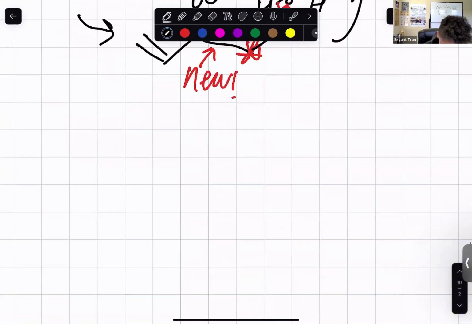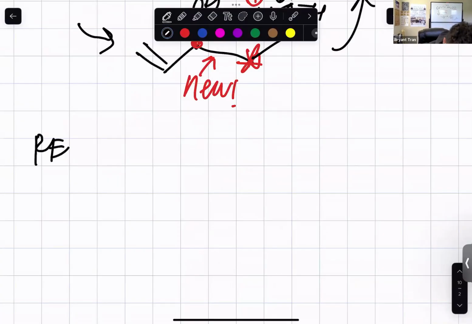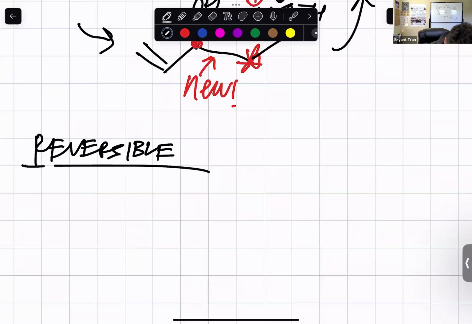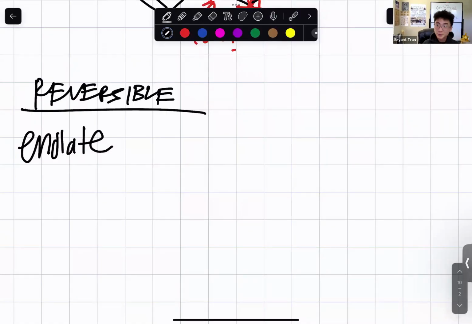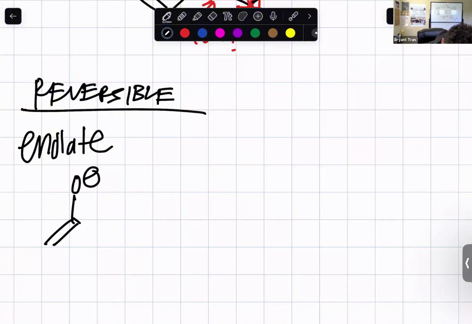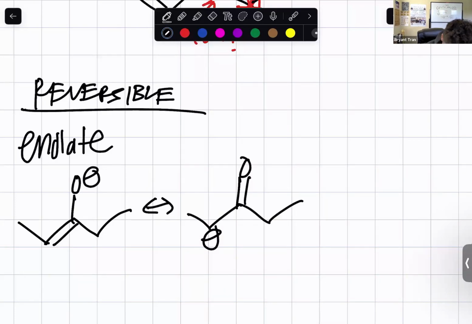But now, if we think about reversible nucleophiles, the most common one that you're going to see in this unit is going to be the enolate ion, which is the same nucleophile as what we did for aldol condensation. So it's going to be either in this form, which is the same thing as this form right here. They're just resonance structures of each other, but the nucleophile here is this alpha carbon right there.